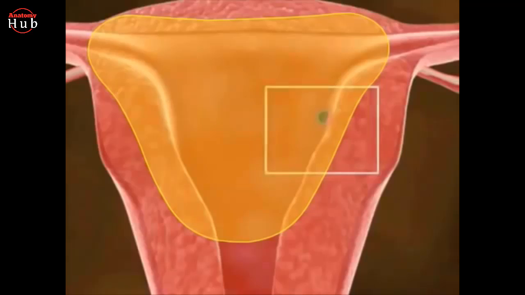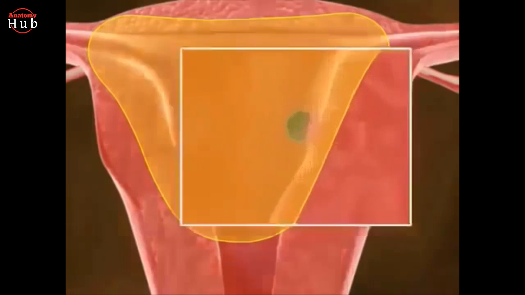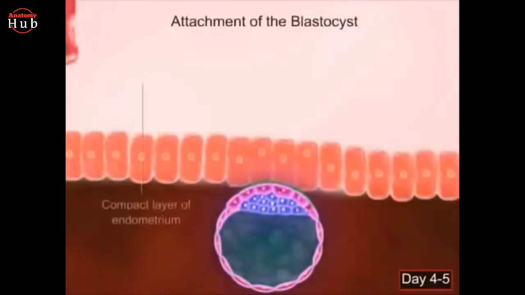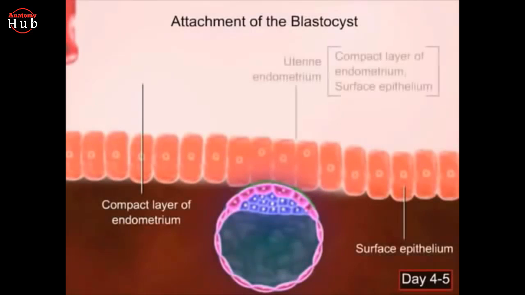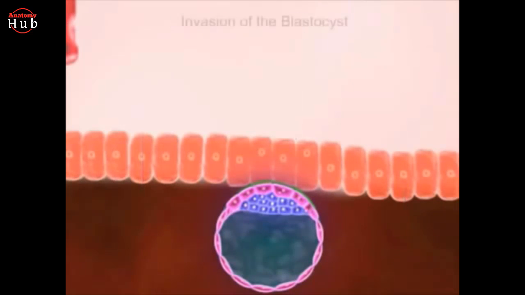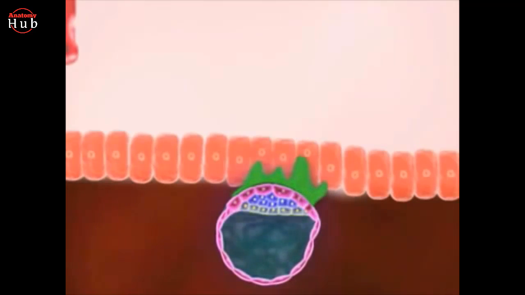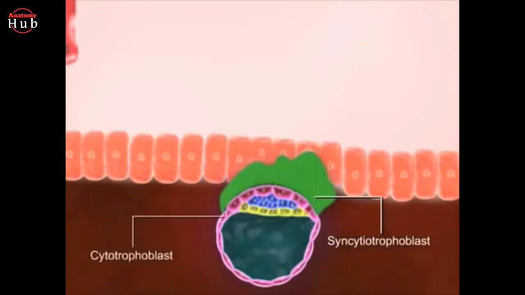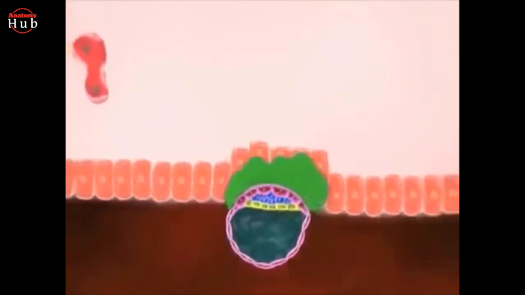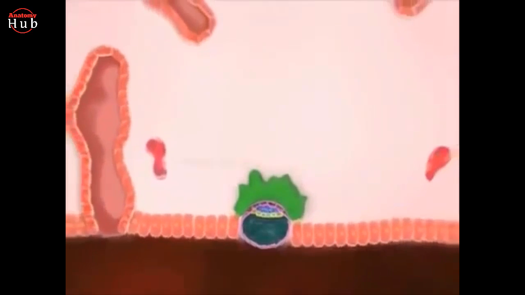The blastocyst at this stage consists of the embryoblast, or inner cell mass, and the outer trophoblast. The trophoblast soon differentiates into the inner cytotrophoblast and the outer syncytiotrophoblast. The latter consists of multinucleated cytoplasm, a cytoplasmic mass.